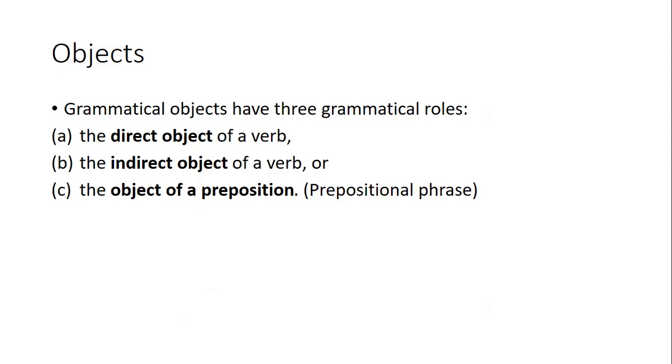And if there is an object part, we should clearly understand whether it is a direct object of a verb, an indirect object of a verb, or the object of a preposition, which is also called a prepositional phrase. So don't worry if you are still confused. We are going to see a hell of a lot of examples for each of these three grammatical objects which we have listed over here. So first in the series is our direct objects, right?